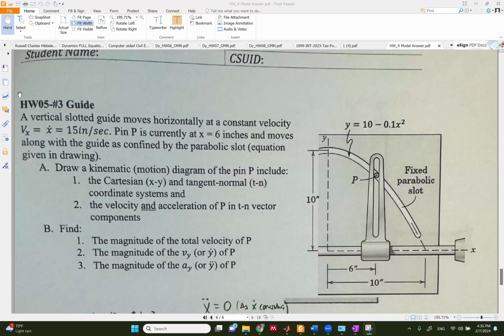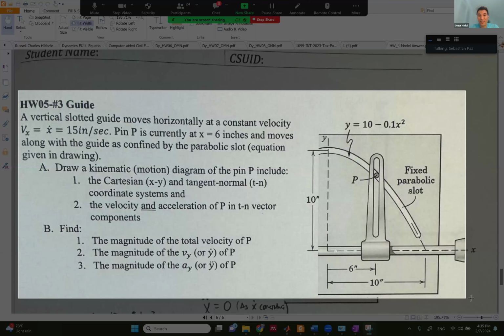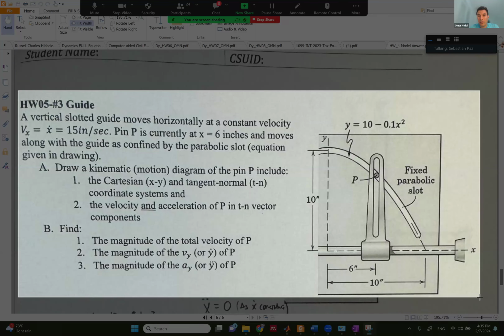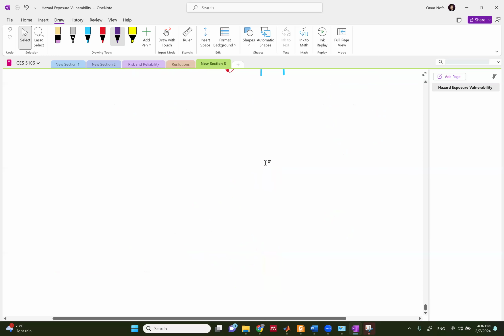Professor, would there be a problem similar to this one on the exam? Well, I can say what the exam question is, but definitely not this problem. Like, it won't look like this? You won't be asking for all this type of stuff?